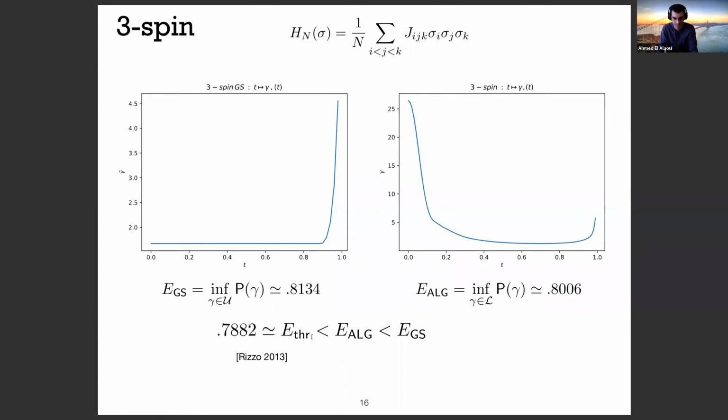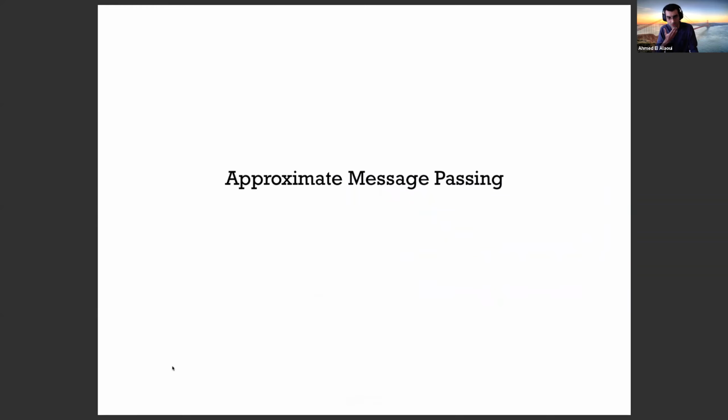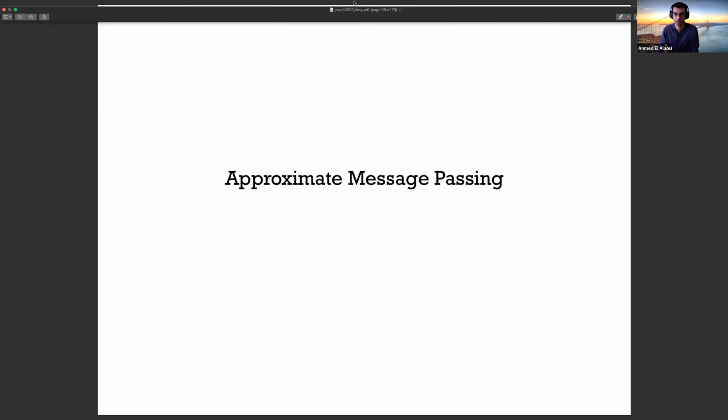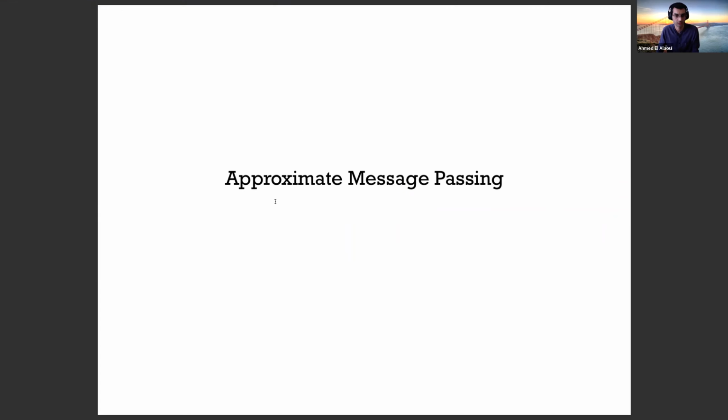Until now, there wasn't an algorithm able to achieve a strictly bigger value than Langevin type dynamics. So this is an example of that. The algorithm belongs to this very large class of approximate message passing algorithms that I will try to describe.